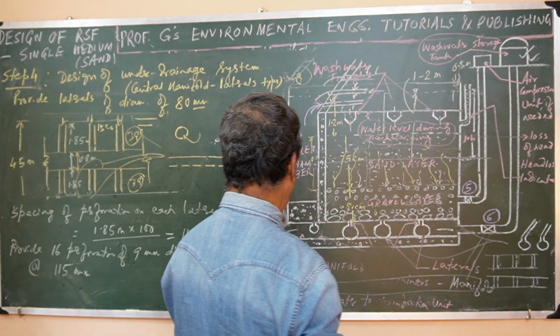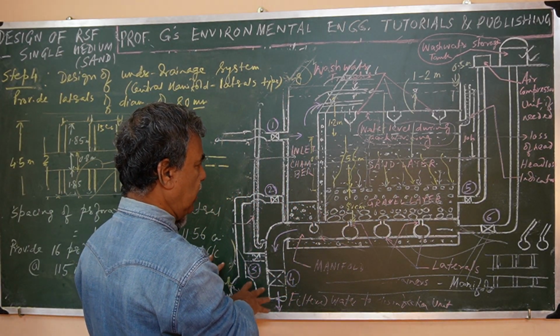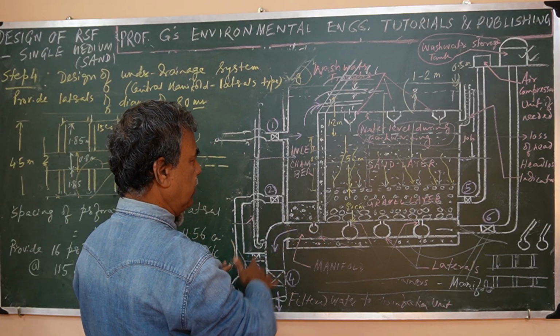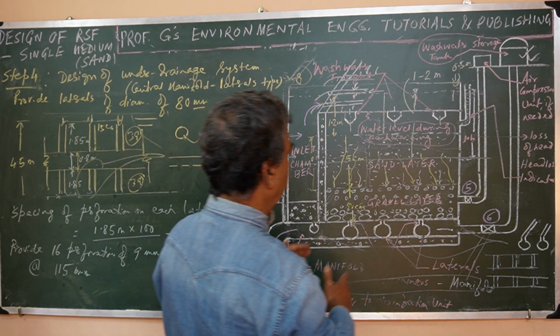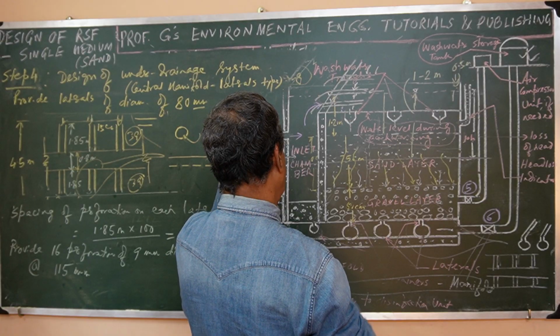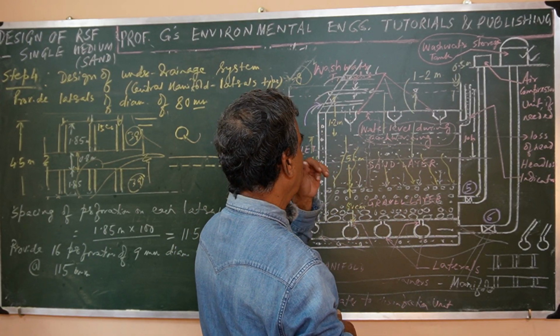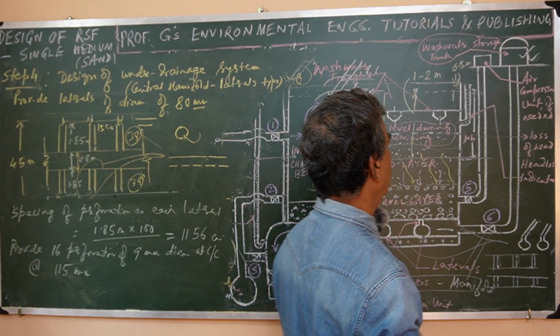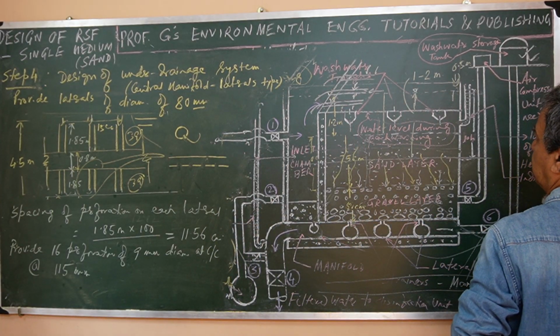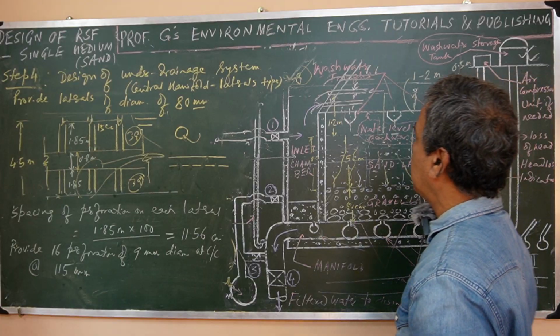The outlet we are not designing because it is outside the filter. Only the filter's internal parts we are designing, and next we will take up the design of the wash water collection system.